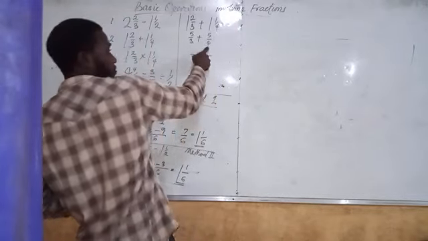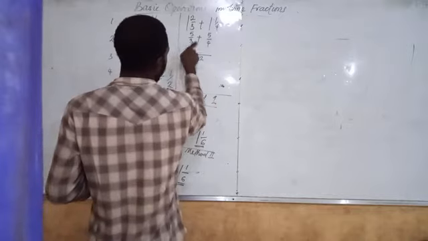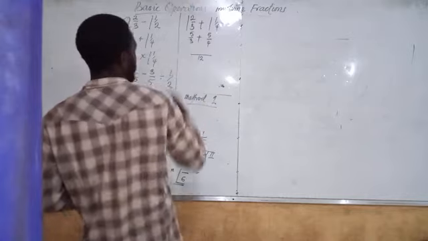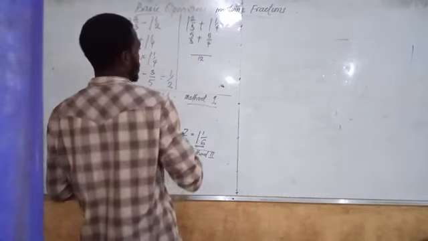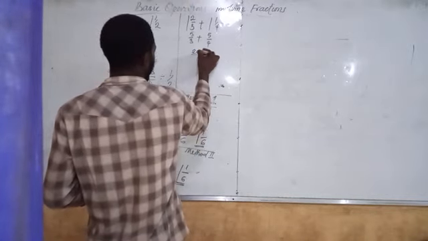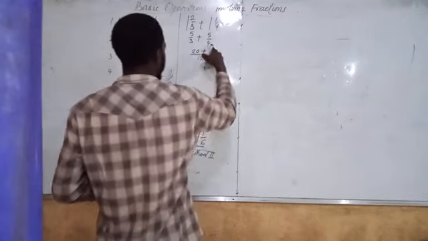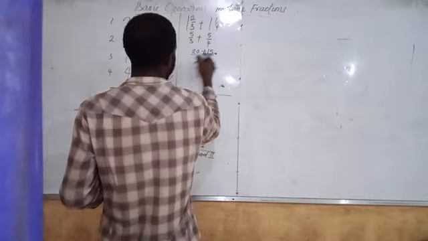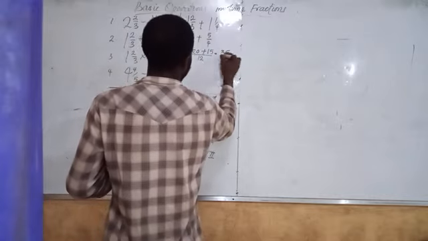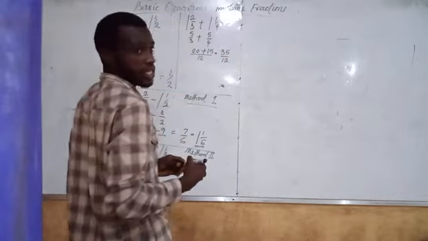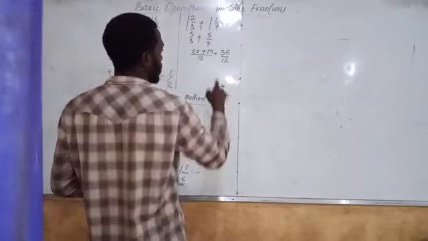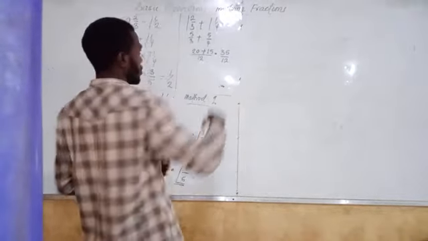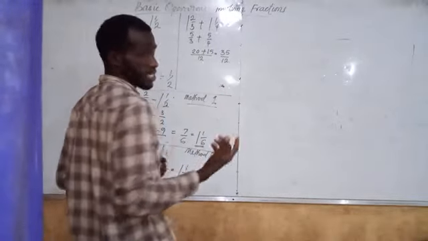You find the LCM of the denominators and put it here. 12 divided by 3 is 4, 4 by 5 you have 20, plus 4 in 12 is 3, 3 by 5 you have 15. So you have this plus this, 35 over 12. So 35 over 12 is an improper fraction.